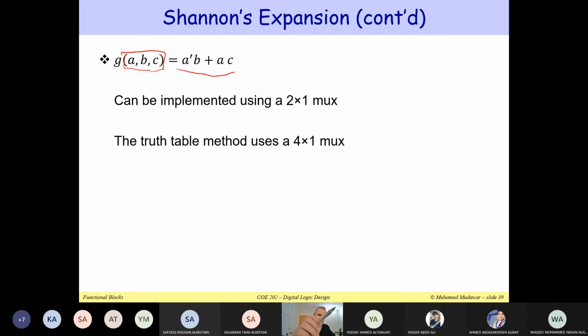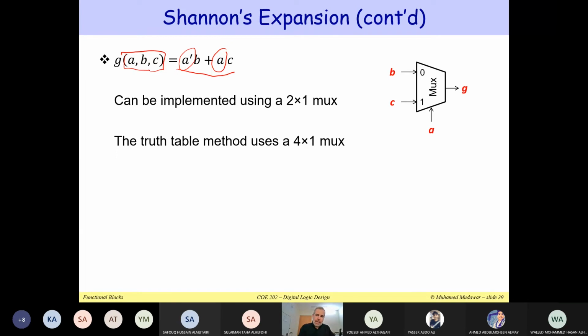Now, if you notice here, we have a prime, and here I have a. So when a prime, meaning a equal to 0, g is equal to b. And when a is equal to 1, then g becomes c. Therefore, we can easily implement this using a 2-by-1 multiplexer.